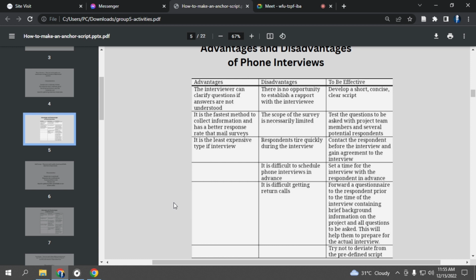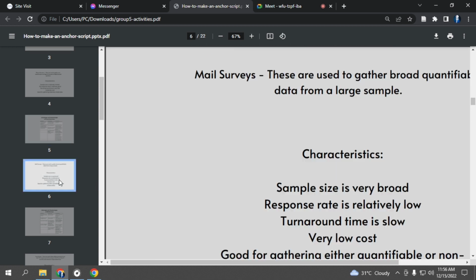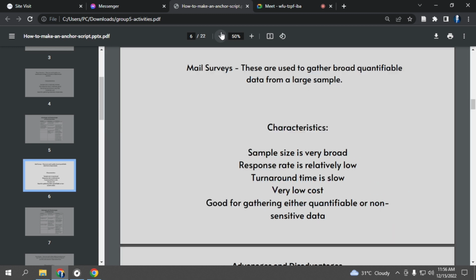Forward a questionnaire to the respondent prior to the time of the interview, containing brief background information on the project and all questions to be asked. This will help them to prepare for the actual interview. And last one is try not to deviate from the predefined script. So that is for the phone interviews.